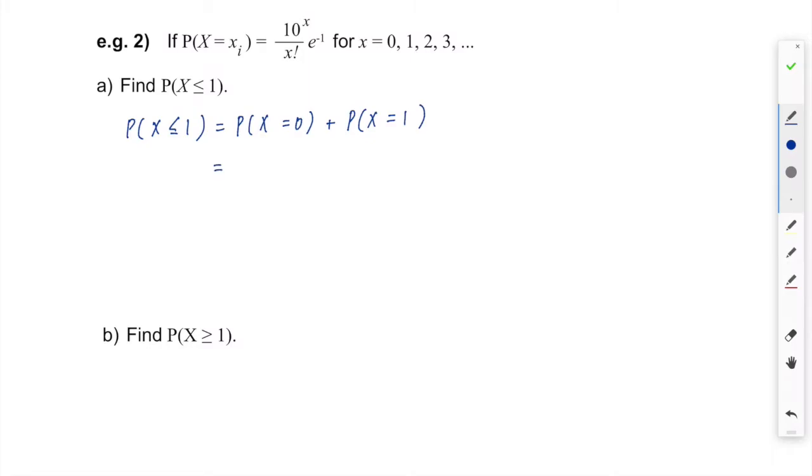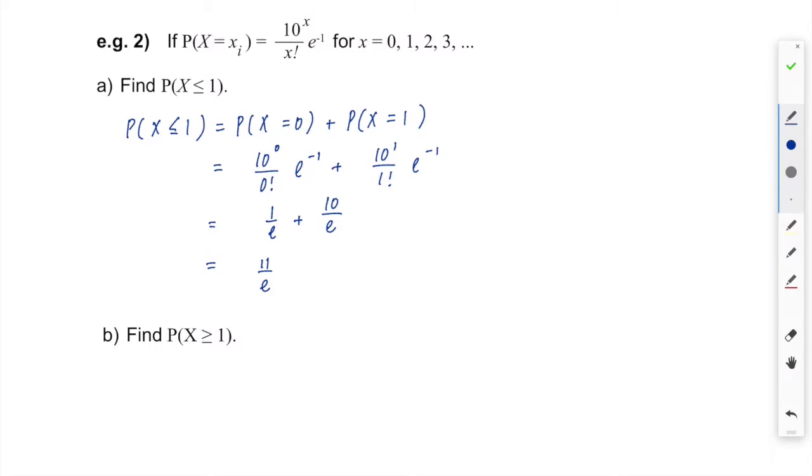All we have to do now is to substitute 0 first into the function and then 1 into the function. So 10 to the 0 over 0 factorial e to the negative 1 plus 10 to the 1 over 1 factorial e to the negative 1. And this gives me 1 over e plus 10 to the 1's 10, so 10 over e, which is 11 over e.